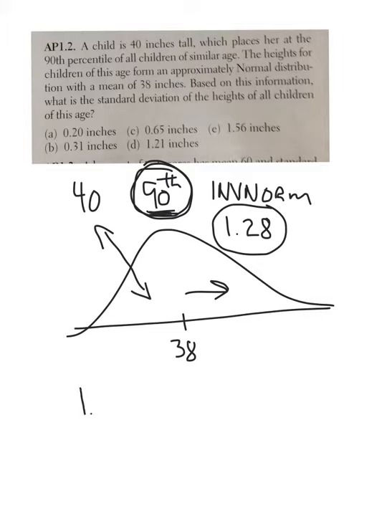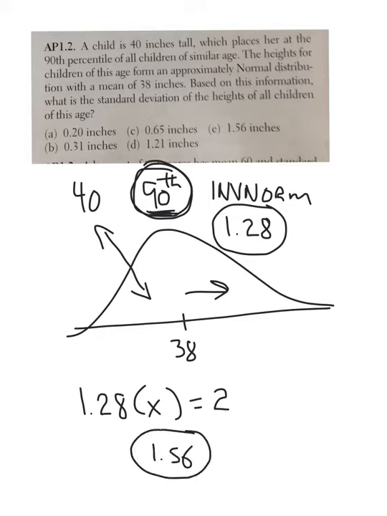What number times 1.28, so mystery number x, gives us 2 as an answer. So divide both sides by 1.28, and you get 1.56. So 1.56 should be the standard deviation, and that's letter E.